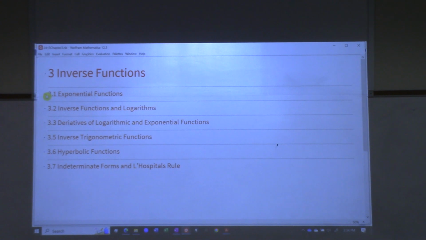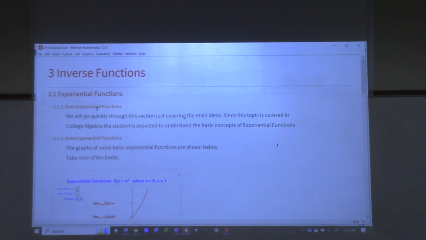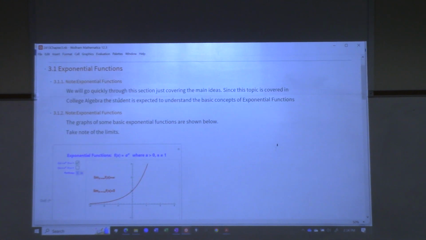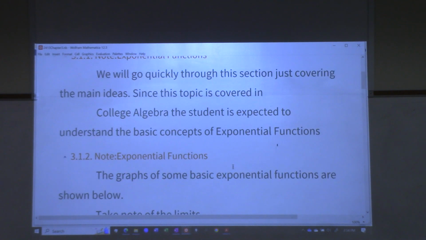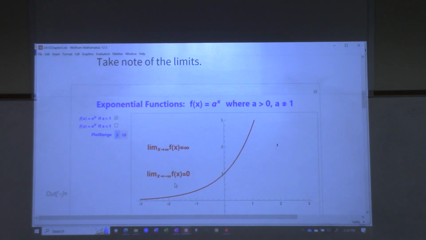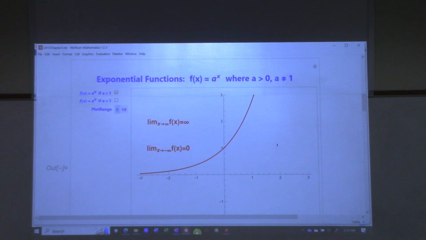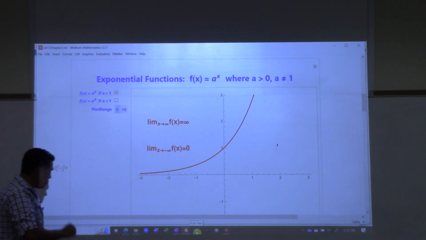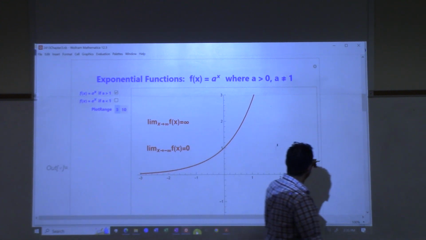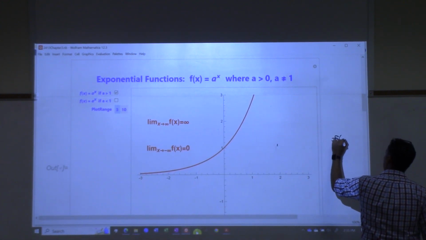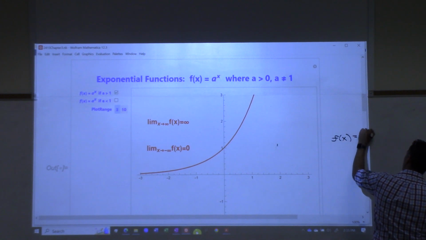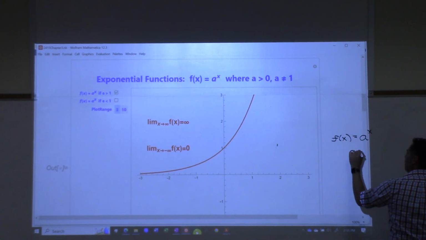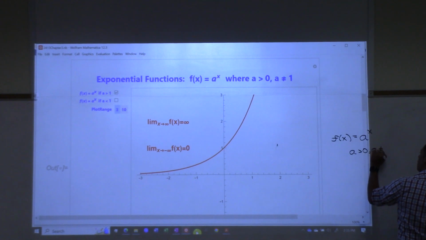All right. We're in chapter 3, which is called inverse functions, and 3.1 is called exponential functions. So this is me just saying quickly, I'm going to go through this. So try and remember, if you can, that in college algebra, we had these things called exponential functions that look like this. f of x equals a to the x, where a is greater than 0 and a is not 1.